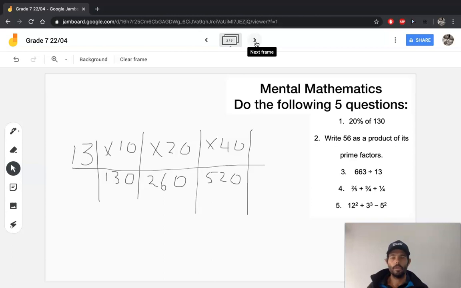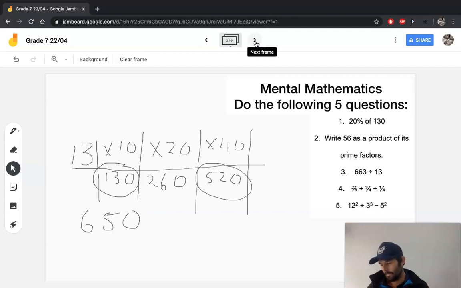So if you look at the numbers that I've put on the screen already, I'm hoping that you can identify that 130 add 520 is going to give me 650. So that means it's 10 and 40. So 650 divided by 13 is going to give me 50.